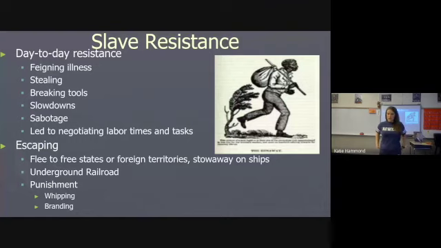but not slaves. Okay, and so on August 22nd, he and 6 other slaves, so 7 total, decided there was a lunar eclipse that day too. So his vision was a solar eclipse, but the lunar eclipse was when he was like, okay, there's the vision. We need to do this tonight. And so in the middle of the night, he and 6 other slaves went into their master, Mr. Joseph Travis's home.